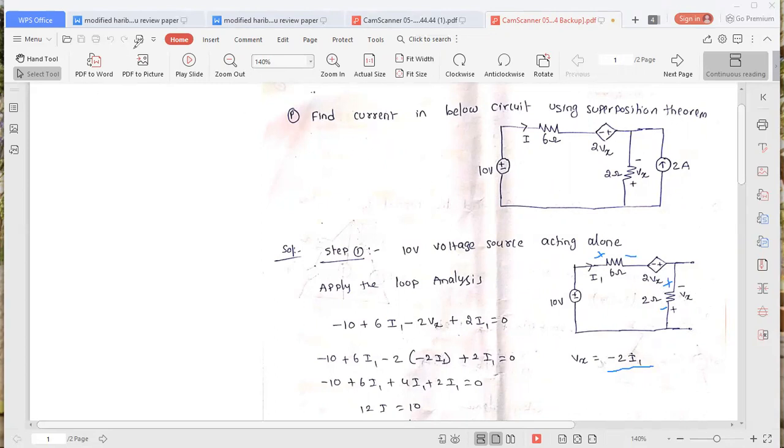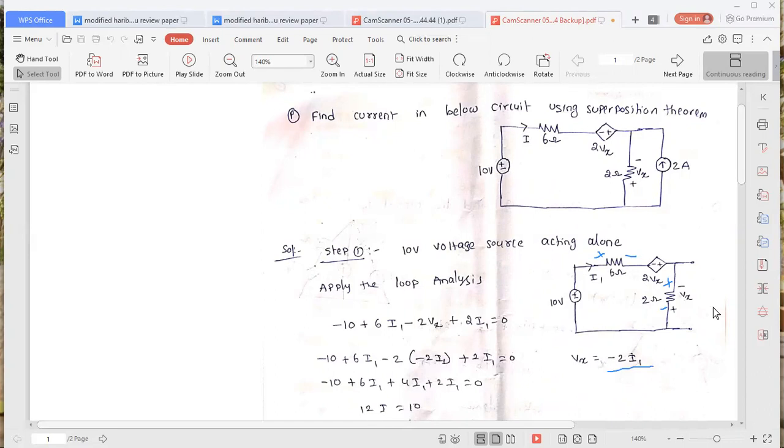So the equation is: minus 10 plus 6 into I1 minus 2 into Vx plus 2 into I1 equals 0. Substituting Vx equal to minus 2 into I1, we get minus 10 plus 6 into I1 minus 2 into minus 2 I1 plus 2 into I1.